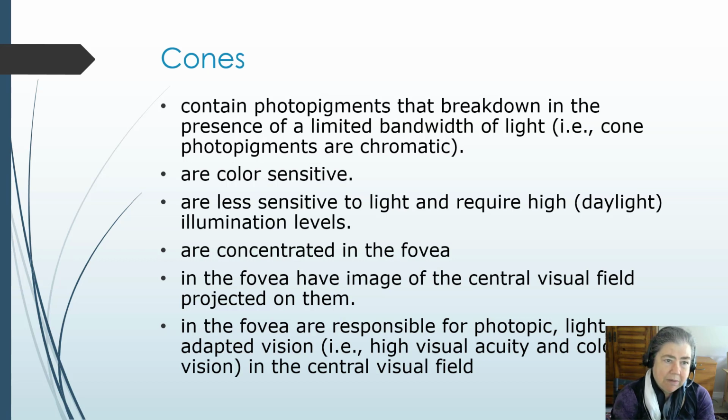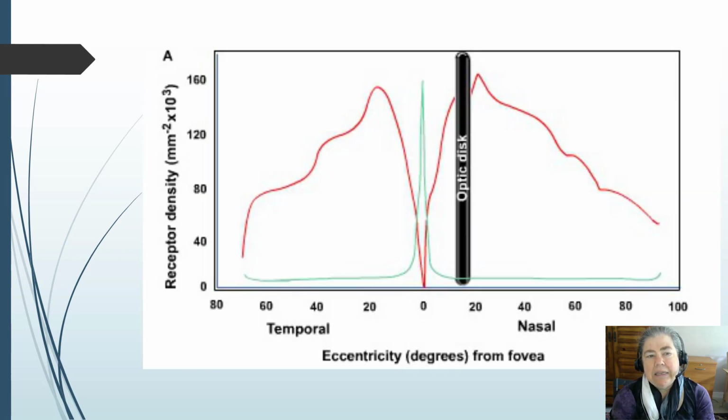There is less photopigment in the cone than there is in a rod, and so they need high illumination levels. When you're lying in bed at night and the light is very dim, you really don't see color very well. And in fact, you tend to see in grays, and it's only as light levels increase that color begins to come back into your vision.